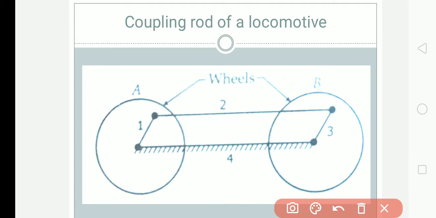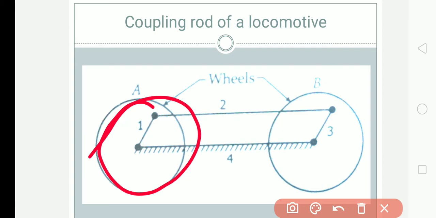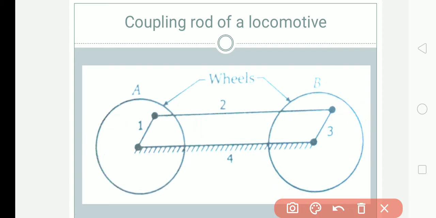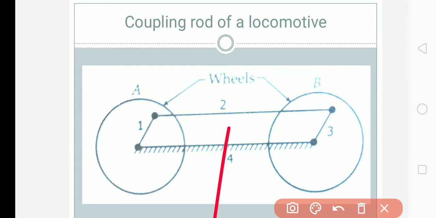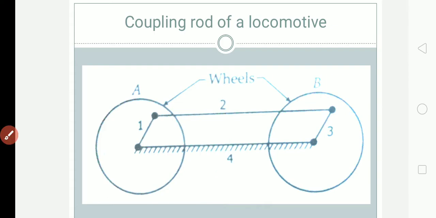These link 1 and link 3 will rotate like this. 1 and 3 are connected with the help of connecting rod or link number 2, and one link is fixed, which is link number 4. So two members will rotate. That is coupling rod of a locomotive. These are used in locomotives. That is the second inversion of four-bar chain.